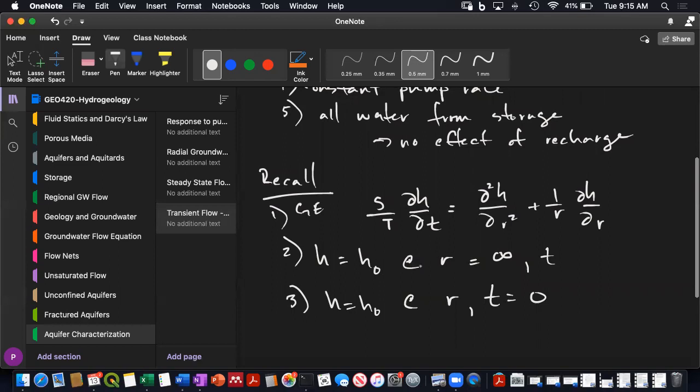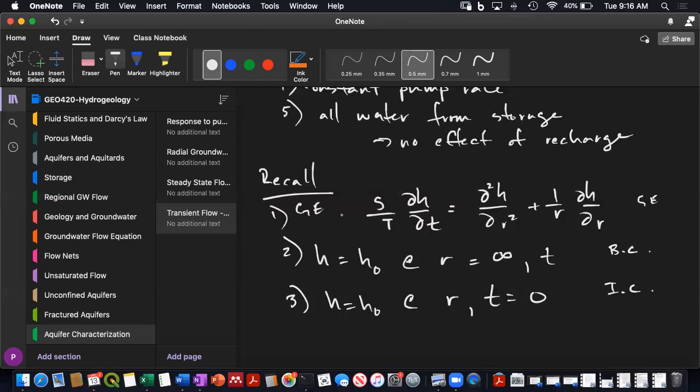The head is equal to H naught at some point in space that we've defined, r equals infinity, and for all t. Here, H is equal to H naught for all r at t equals 0. And whenever you see a t equals 0, you know that's an initial condition. That's our starting point. So we've got a governing equation, a boundary condition, and an initial condition.